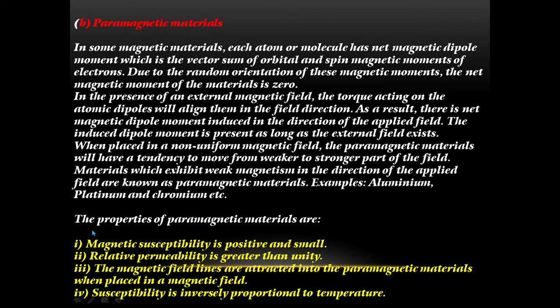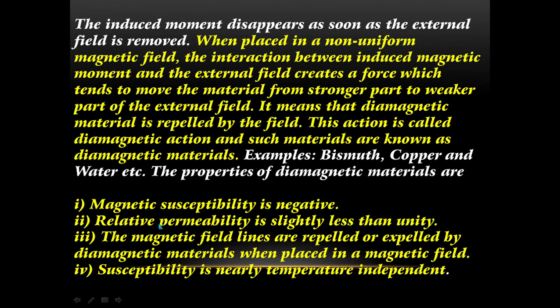Now, we should know the properties of paramagnetic materials. There are 4 points. Magnetic susceptibility is positive and small, whereas for diamagnetic material the first point is that magnetic susceptibility is negative.